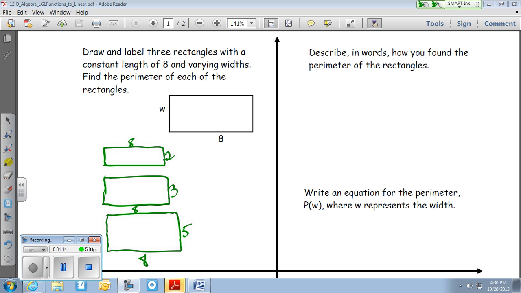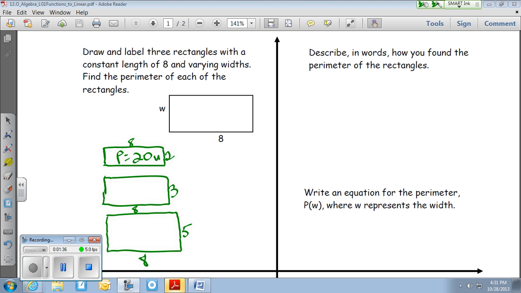Could be any width. So now we need to find the perimeter of these, and we know that we just add up all the sides, or we can do 2 times the width plus 2 times the length. The first one here, that's a 2 by 8, is going to be 20. So my perimeter is going to be 20 here, 20 units.